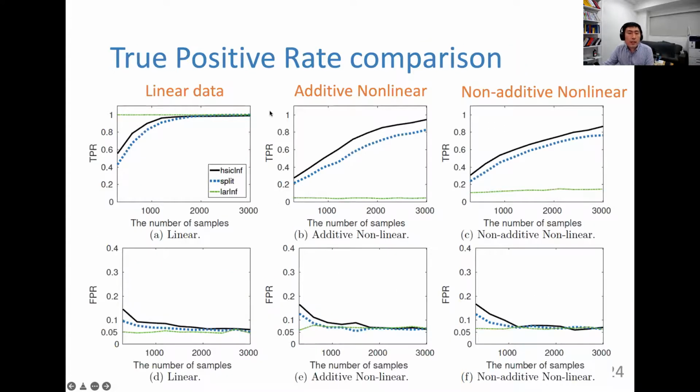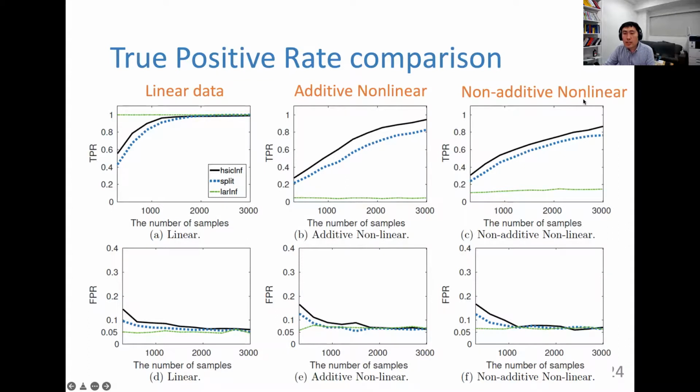So this is a true positive rate comparison. I compare linear data, additive nonlinear, and non-additive nonlinear. Linear data is just a simple linear regression case. Additive nonlinear means each component is nonlinear, but they are just an additive combination of nonlinear functions.